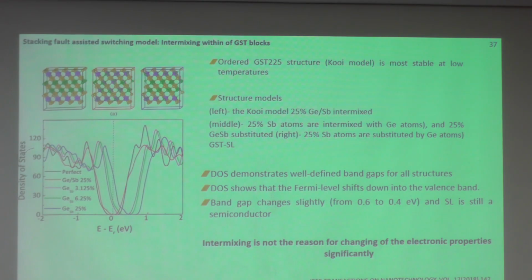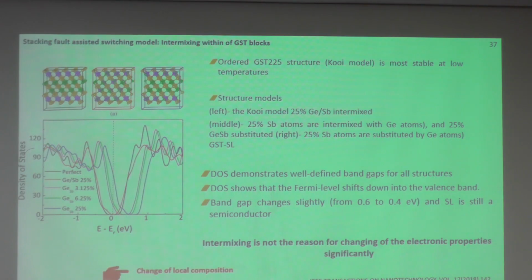So it seems that because there is no change in the band gap, intermixing is not the reason for the change of electronic properties, because the low resistance state and high resistance state should differ in the band gap and density of states structure.